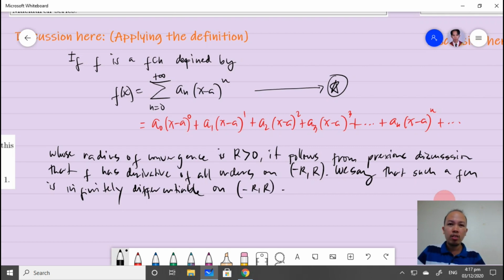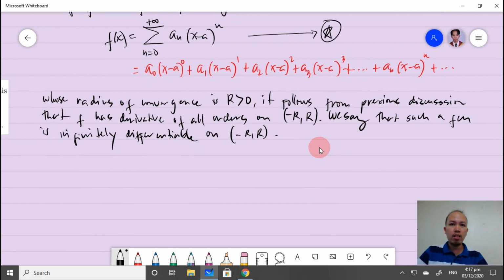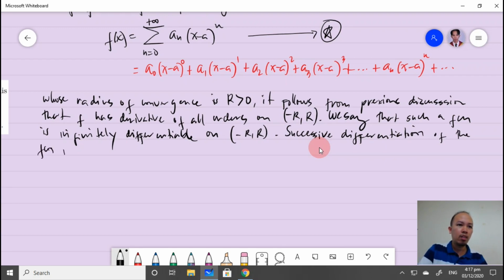Meaning to say, successive differentiation of the function in star gives this.